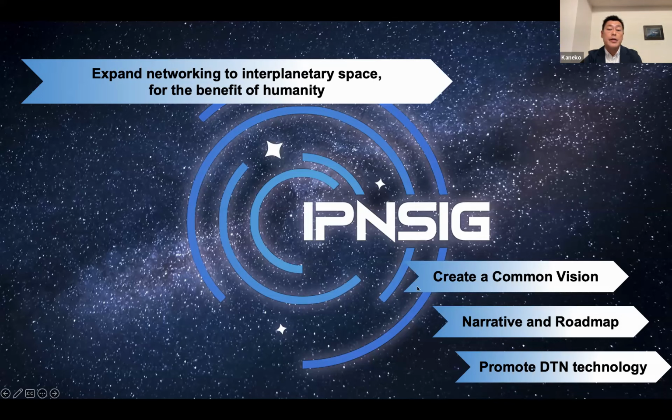And along these lines, the IPN-SIG is working to create a common vision of an interplanetary network with the various stakeholders, and to offer a narrative and a roadmap that would enable the development and evolution of the interplanetary network. And also to promote the use of the DTN protocol, which is one of the critical technologies to conduct communications at interplanetary distances.